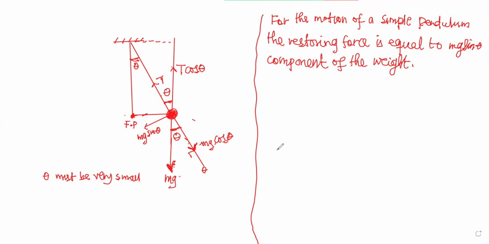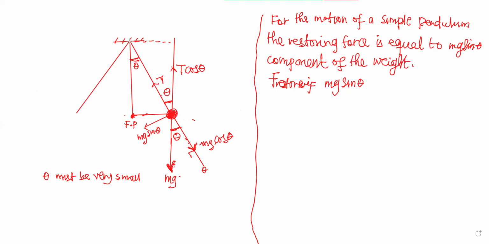Okay, for the motion of a simple pendulum, the restoring force, F restoring, is always equal to mg sine theta component of the weight. Okay, that is what at every time restores the object back to its mean point.